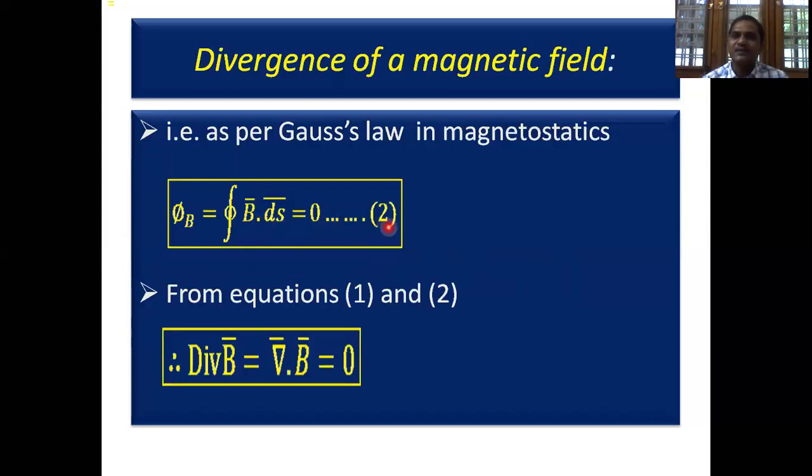Okay, this is equation 2. From equations 1 and 2, you can write divergence of B bar, equal to del bar dot B bar, equals 0. Therefore, the divergence of magnetic induction field strength is always 0. Del bar dot B bar equals 0.